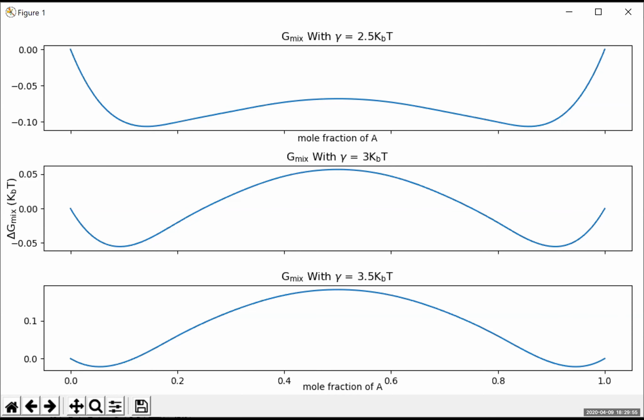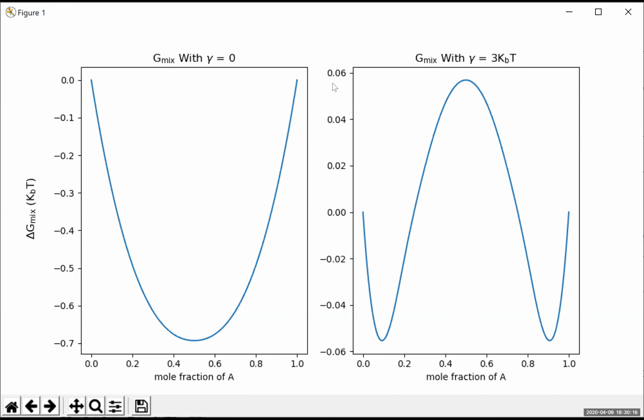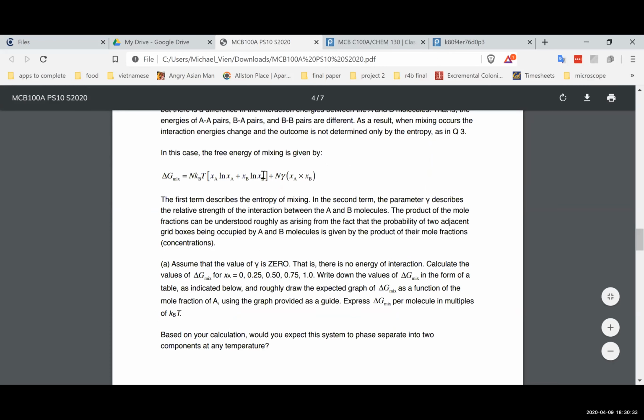Does anyone have any other questions? Can you go over 5A again? So 5A is when gamma equals 0. So the only part of the equation for delta G mix that you would have to account for is this first part, the entropy term that we covered before.